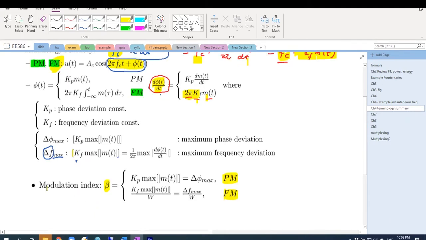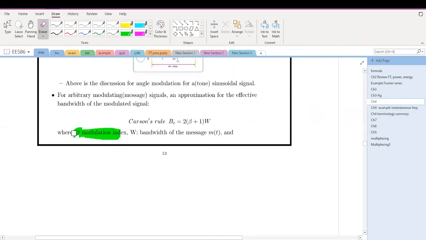Next, let's look at the modulation index beta for PM and FM. For PM, beta equals the maximum phase deviation. For FM, the modulation index equals the maximum frequency deviation divided by the bandwidth of the message. Modulation index beta is a very important parameter for angle modulation because it determines the bandwidth of the PM and FM modulation.